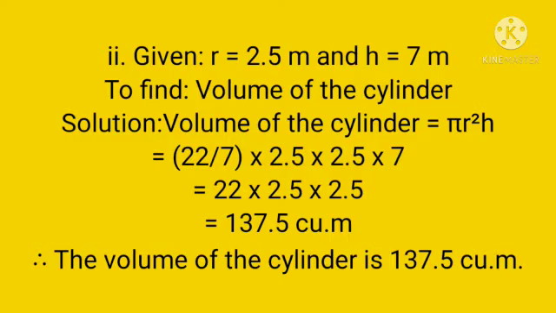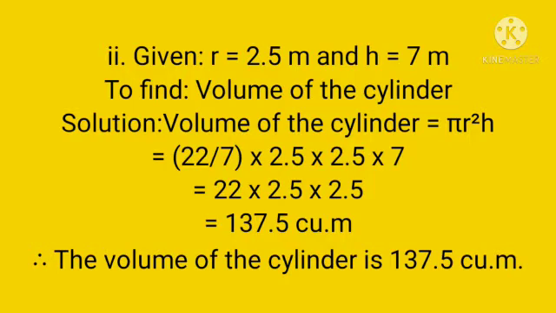Question number 1, second: given radius r is equal to 2.5 meters and height h is equal to 7 meters. Volume of the cylinder is equal to pi r square h. Let us substitute the values.